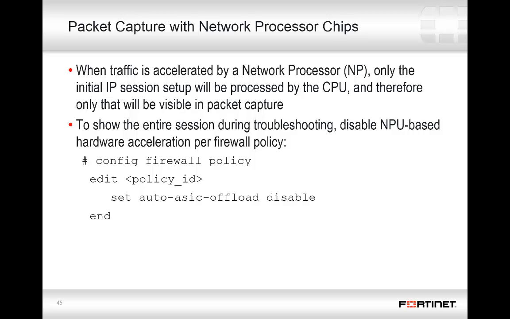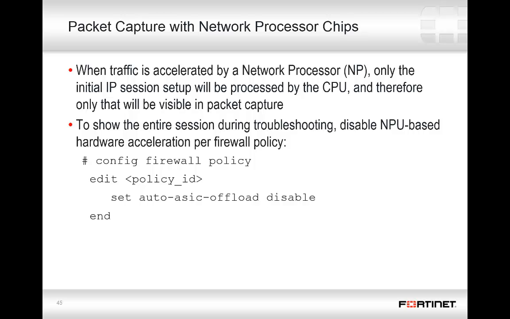Packet capture is done by the kernel. To reach the kernel, traffic must pass through circuits leading to the CPU. However, offloaded traffic, by definition, is mostly processed by the NP accelerator chips. Only the IP session initiator is handled by the kernel.